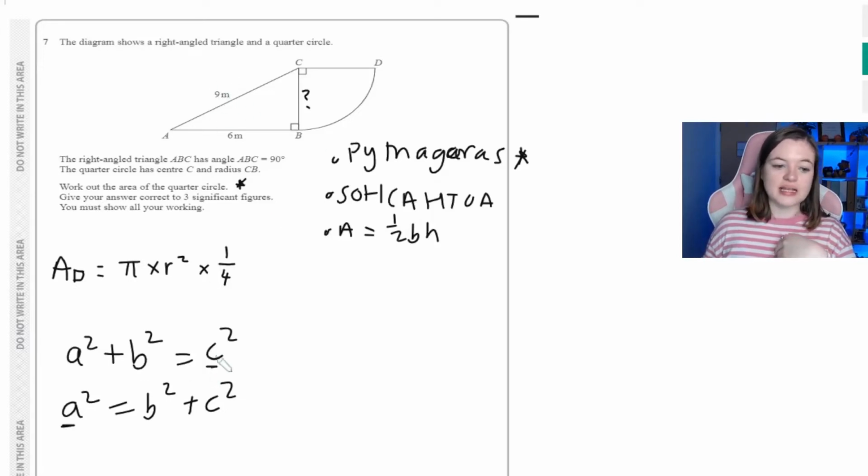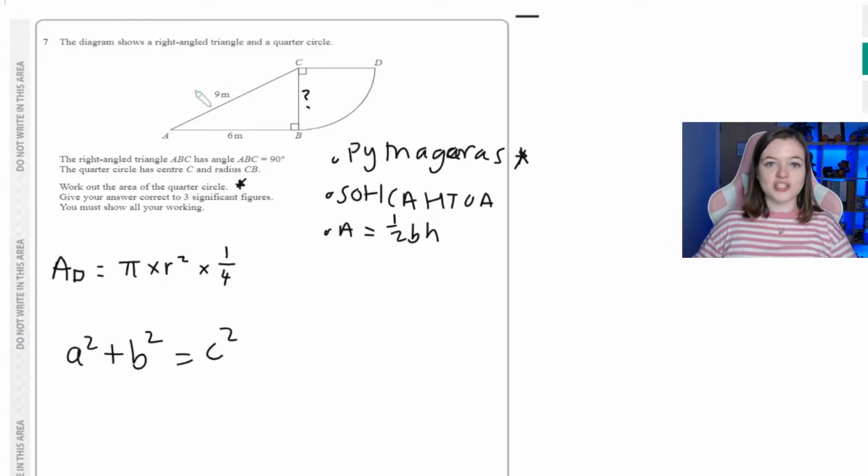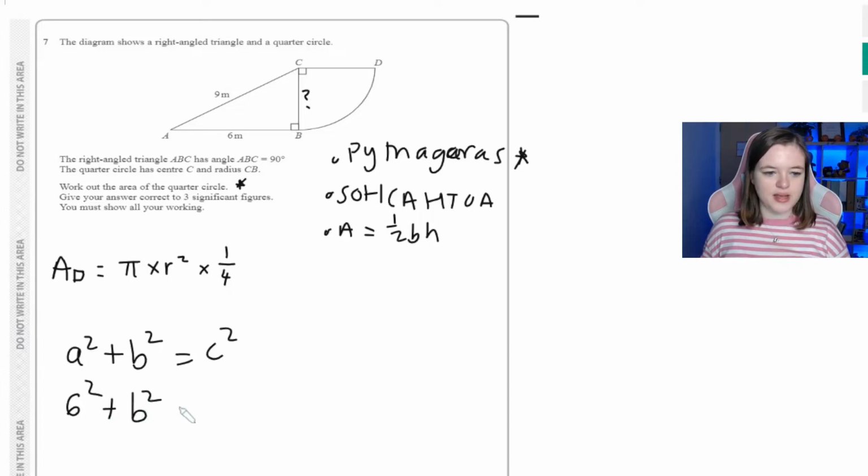In this case it's c. I'm going to get rid of the second one in order to not confuse you. So c has to be the longest side. For the other ones it doesn't matter, so I'm going to make 6 a, and then this miscellaneous one can be b. So I'm going to get 6 squared plus b squared equals 9 squared.